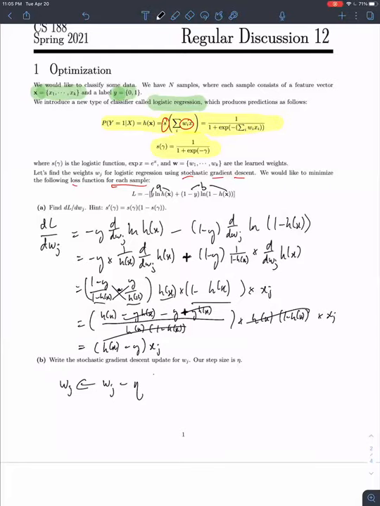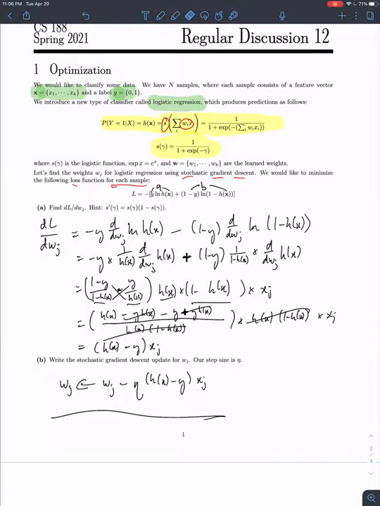The gradient is d loss dwj, which we calculated to be h of x minus y times xj. The nice thing is that when we're doing this algorithm, we know h of x because we just do a forward pass. We know y, we know xj, so we don't have to do any tricky algebra computing derivatives. This right here is the derivative.